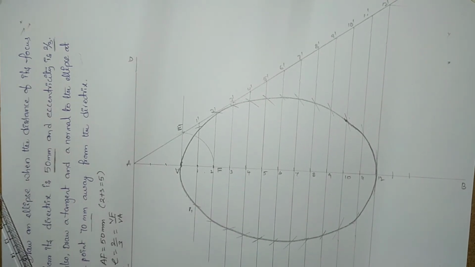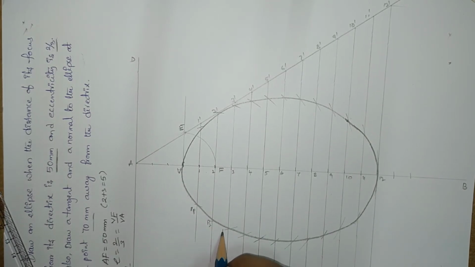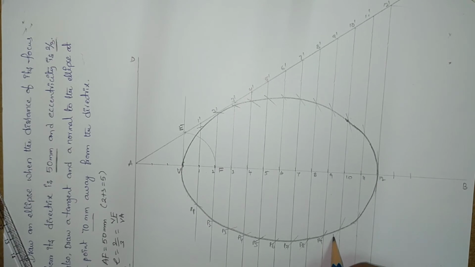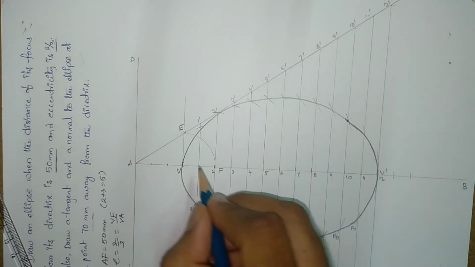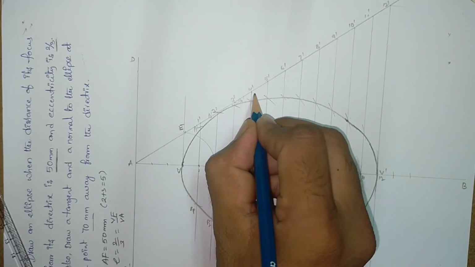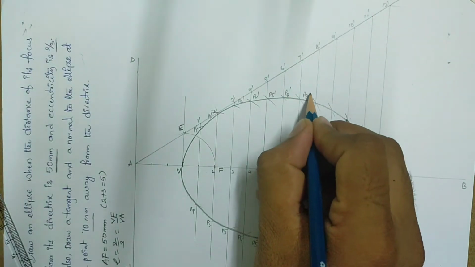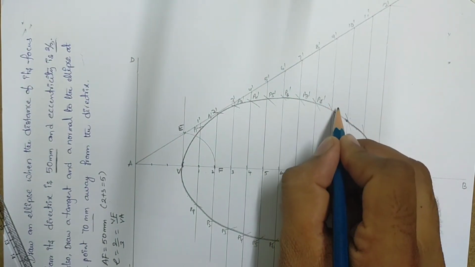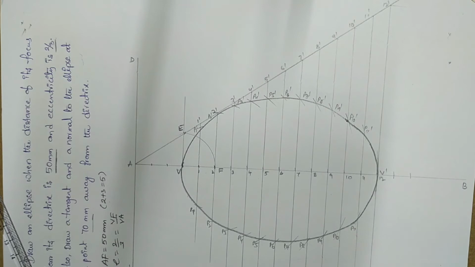This is P1, P2, P3, P4, P5, P6, P7, P8, P9, P10, P11. This is V dash. Again P1 dash, P2 dash, P3 dash, P4 dash, P5 dash, P6 dash, P7 dash, P8 dash, P9 dash, P10 dash, P11 dash and so on.